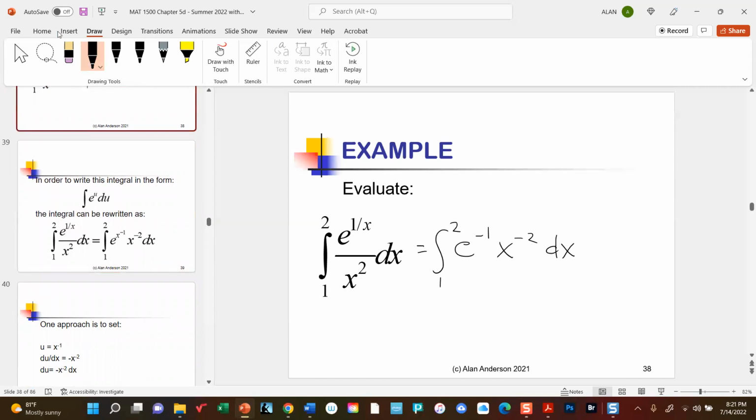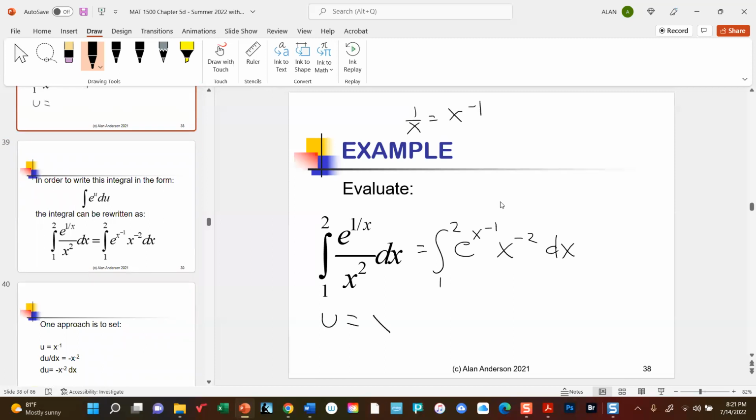Oh wait, I wrote the wrong thing. Sorry. This is not 1. This is x to the -1. Now 1 over x, of course, is x to the -1. So why don't we try this? So far, every time we've used the exponential function, the u turned out to be its exponent. So let's try this.